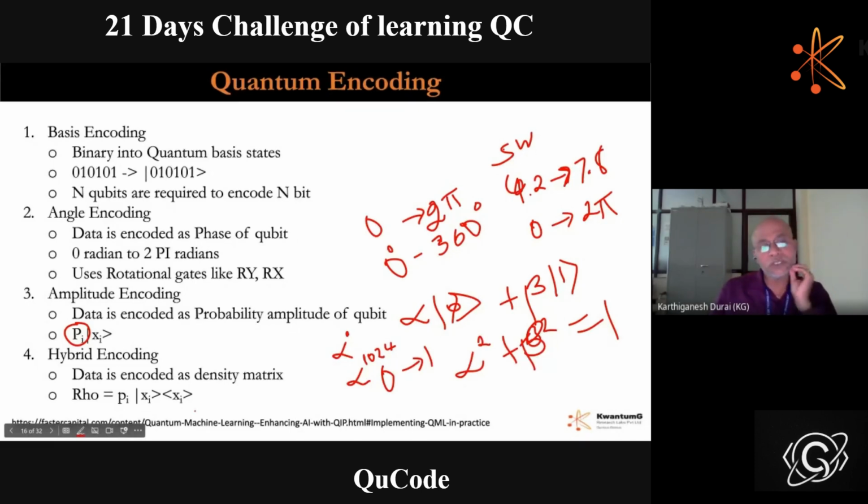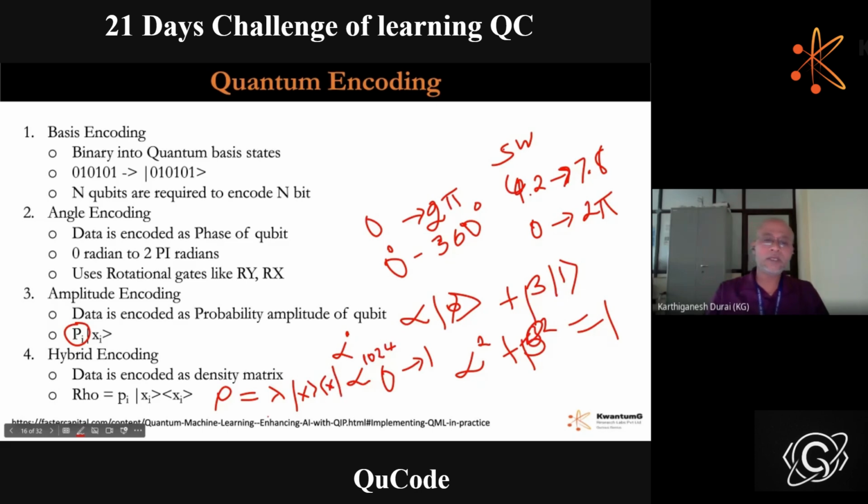Hybrid encoding uses the entropy concept. This is rho equal to lambda times the outer product of x ket.